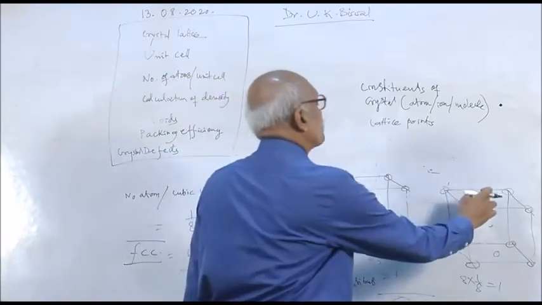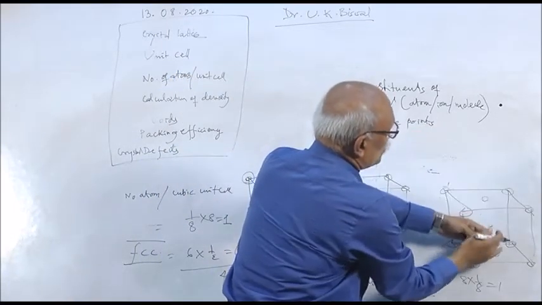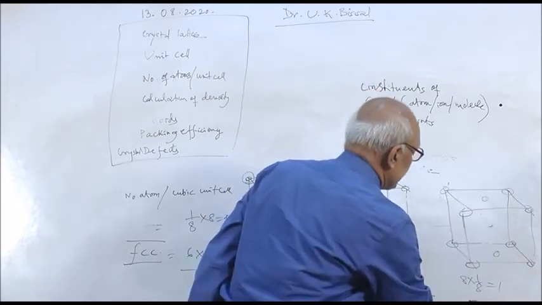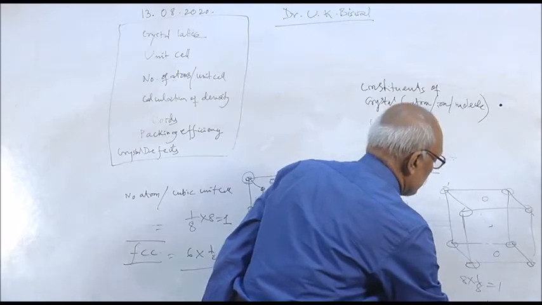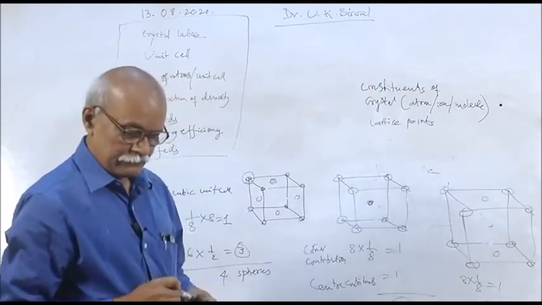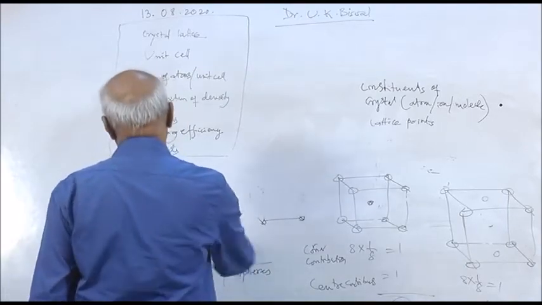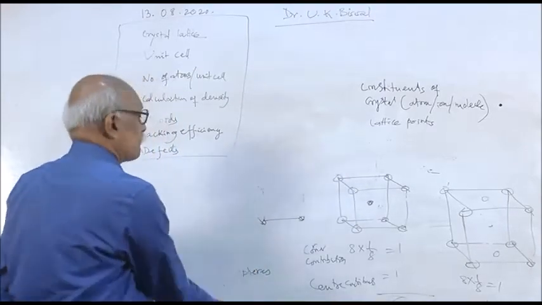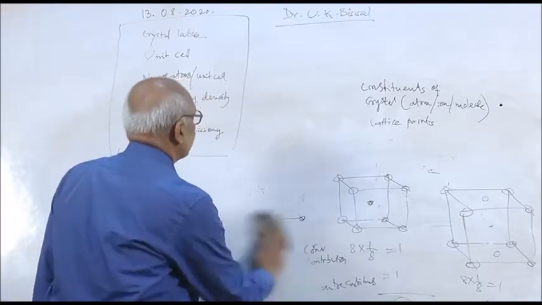Each of these is shared by another cube. So the contribution to this cube is half. So this is 2 into half, that is 1. So there will be 2 spheres for the end centered cubic. By this process you can calculate the number of atoms per unit cell.